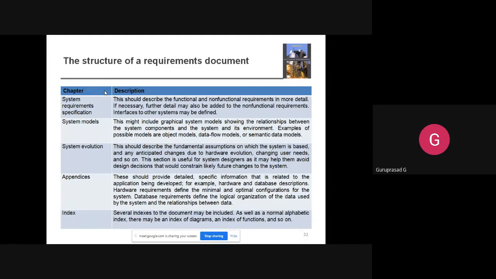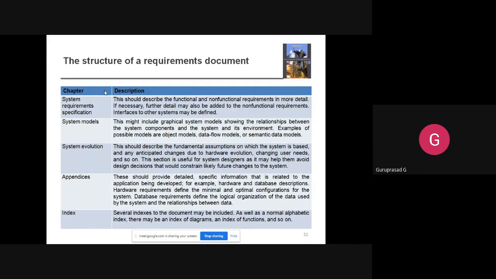So the best method is to represent them in the form of models, object models, data flow models, etc. Then the system evolution part. This will describe the assumptions on which the system is based and any anticipated changes due to hardware evolution and changing user needs and so on.